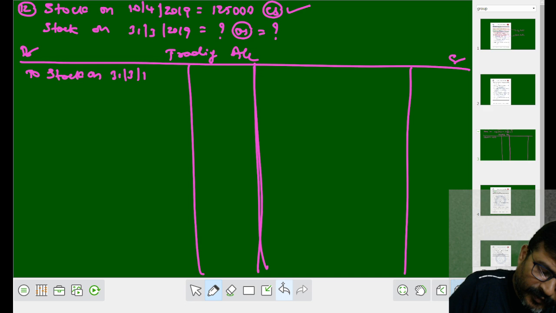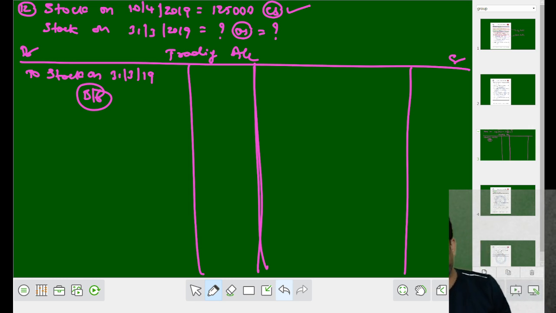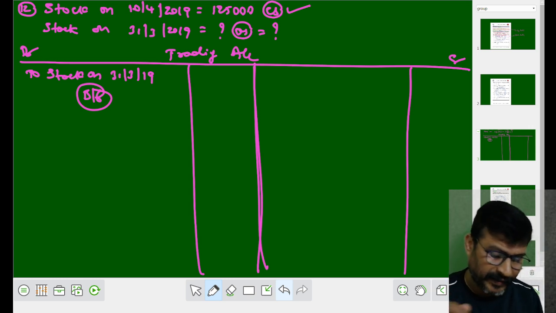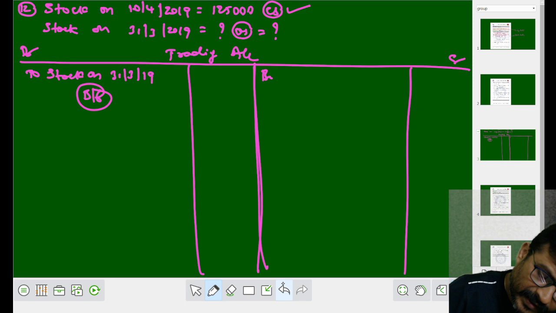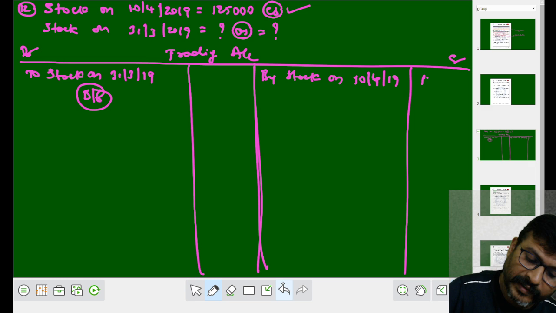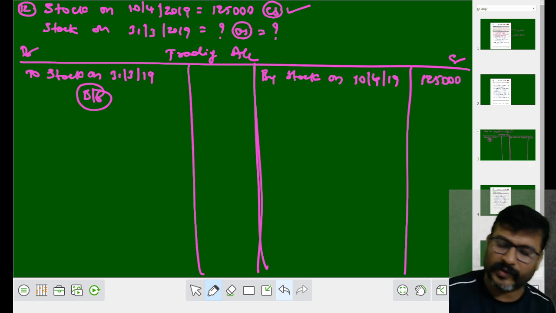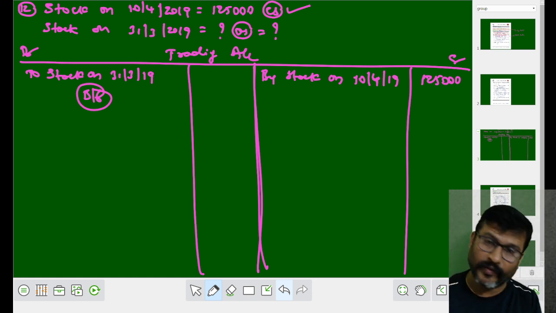Stock on 31st March 19 as a balancing figure, because it is an opening stock as per the given dates. Now let us write by stock on 10th April 2019, it is of rupees 1,25,000. Is your format ready?